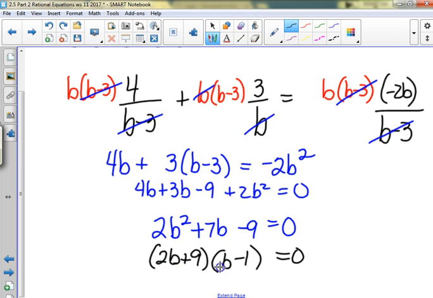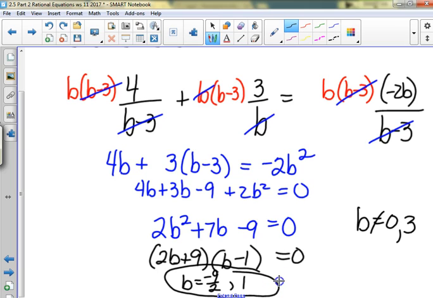So 2b squared plus 9b minus 2b would be a positive 7 and a minus 9. That all seems good. You guys are speedy. So that leaves b equals negative 9 halves or 1. What were the things b could not equal? 0 or 3, right? So we should be all good?